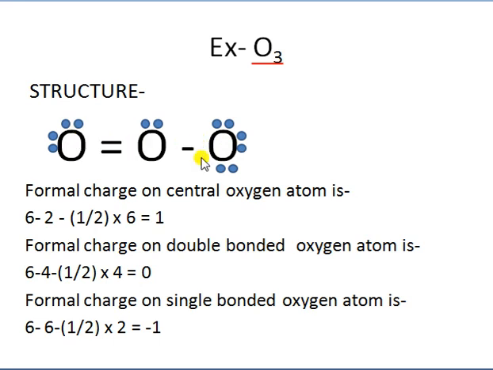Now the three oxygen atoms are different from each other, so you have to calculate the formal charge for each atom. So first calculate this one. Here I am designating this one as the first one. So here let's start.